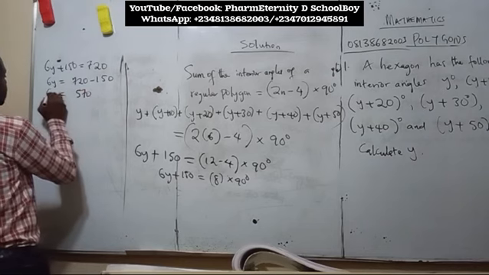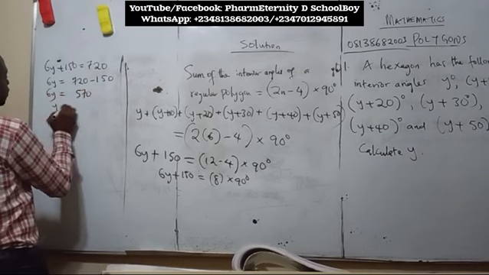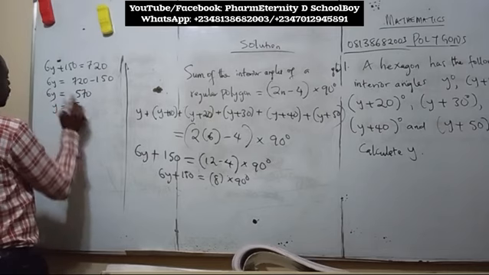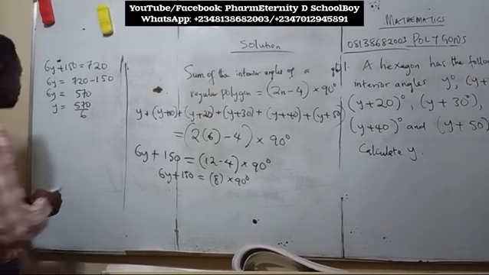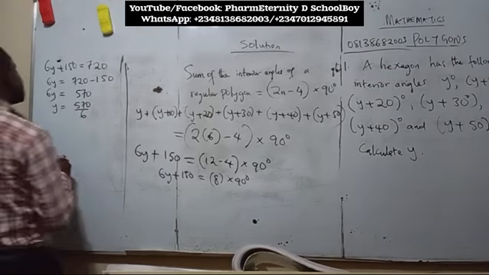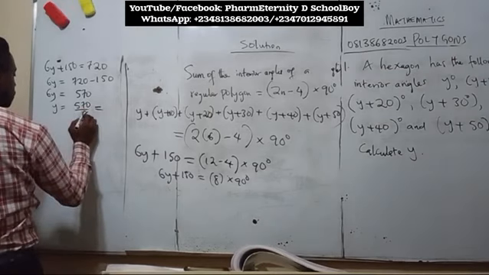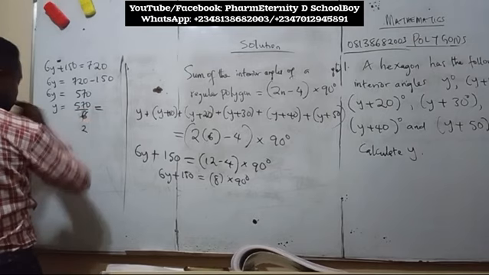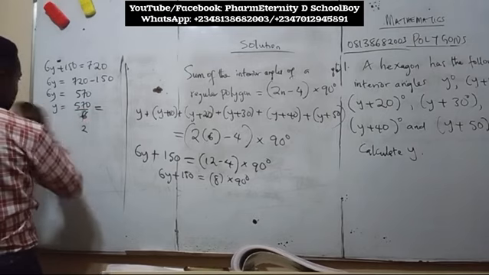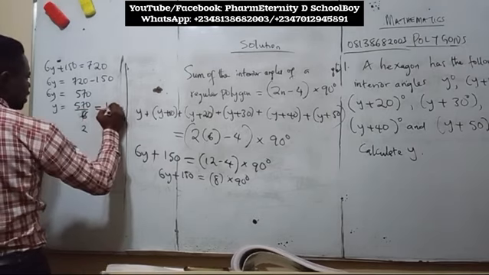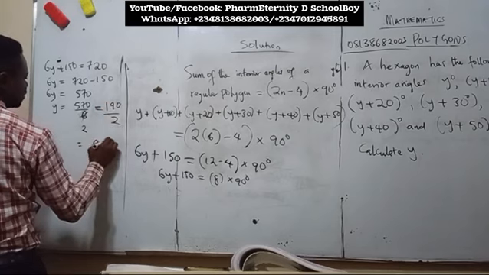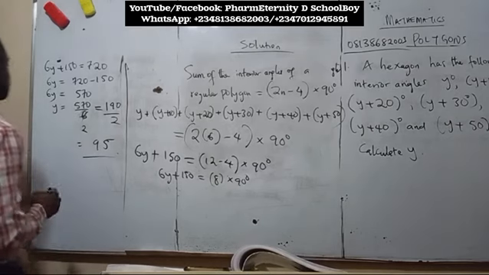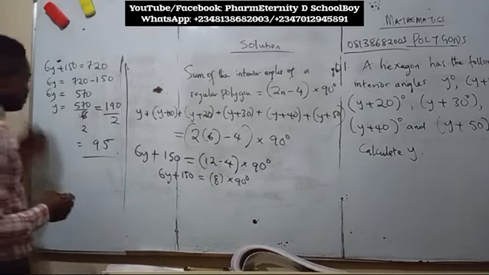So 6y is 570. That means y is equal to what? We divide both sides by 6. 570 divided by 6. Let's cancel out. 3 goes here, we have 2 and 190. So 190 divided by 2, we have 95.